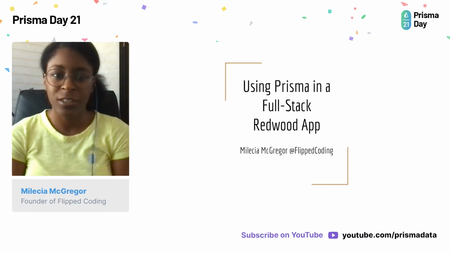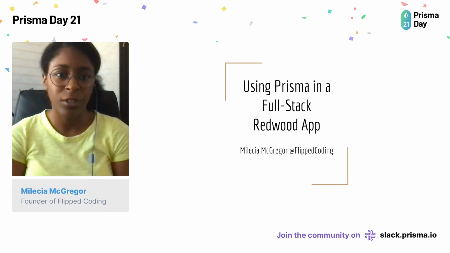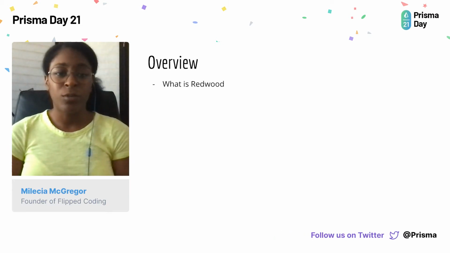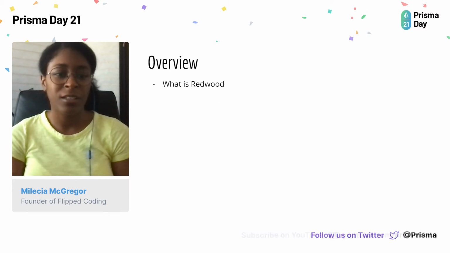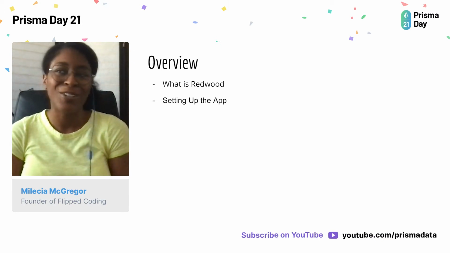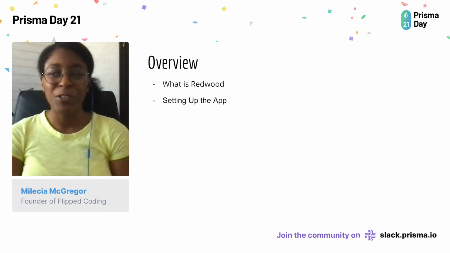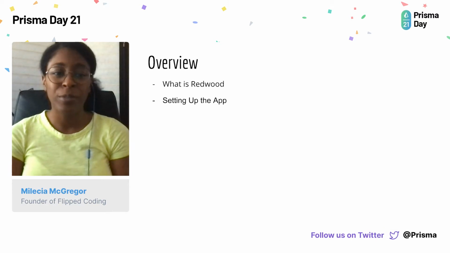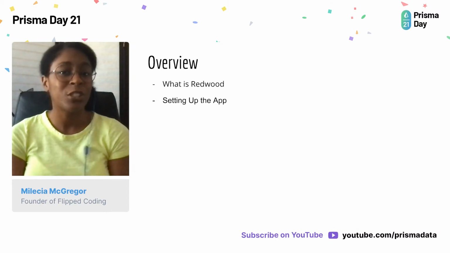To get started, I always like to give a quick overview of what we'll be talking about. We'll start off by explaining what Redwood actually is. Then we're going to do something that, I don't know, we'll see how it goes. Most of this talk is going to be a live demo of getting Prisma to set up a database, migrate schema, and get a working full stack app.